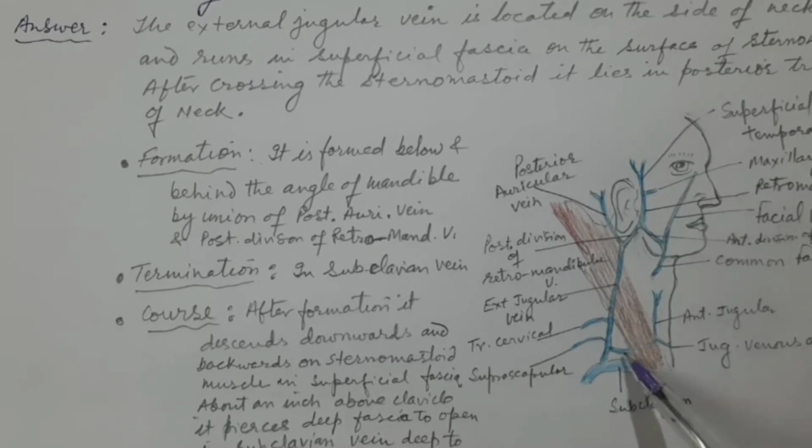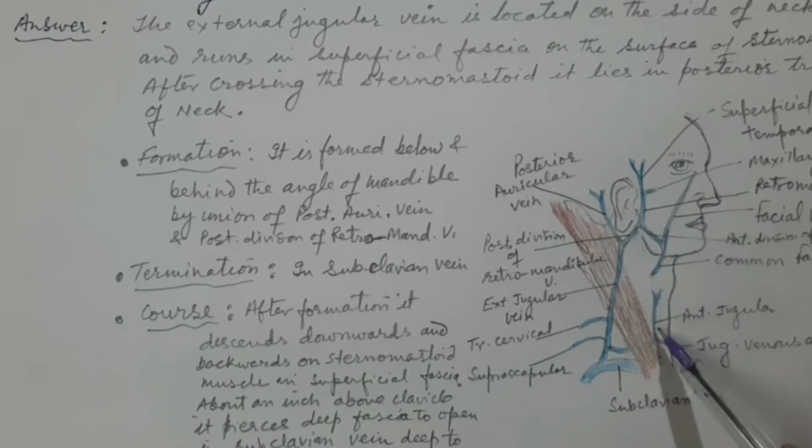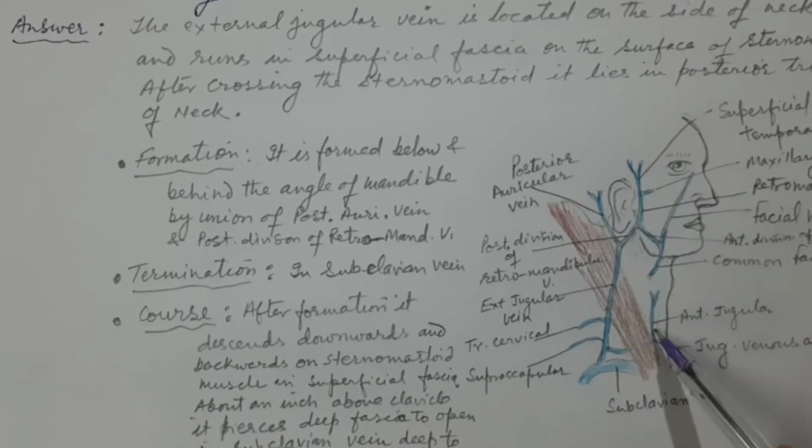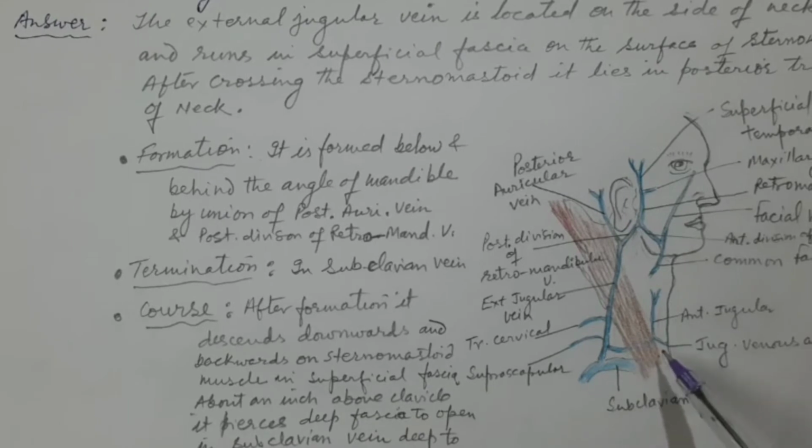And then there is another vein coming from the anterior side, called the anterior jugular vein, which lies in the anterior triangle. Then it goes deep to the sternocleidomastoid, and then it opens into the external jugular vein.